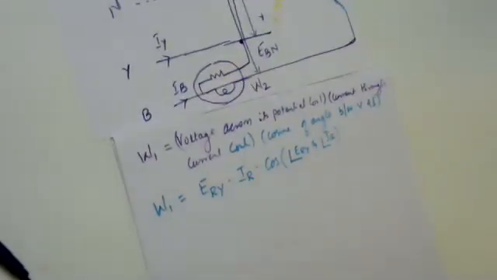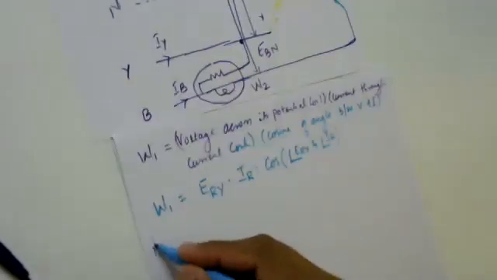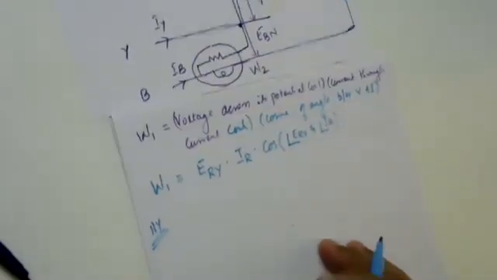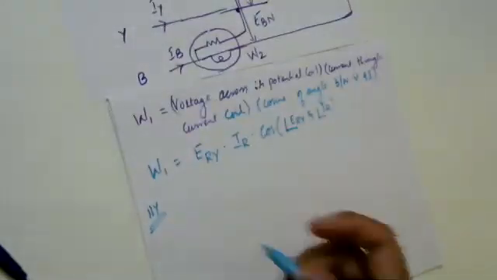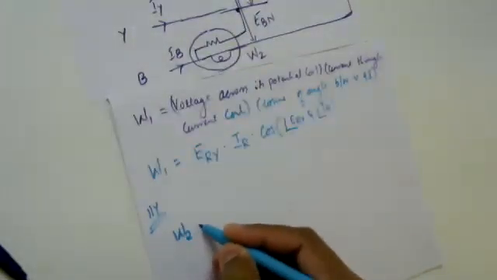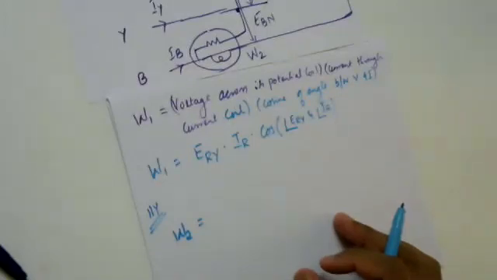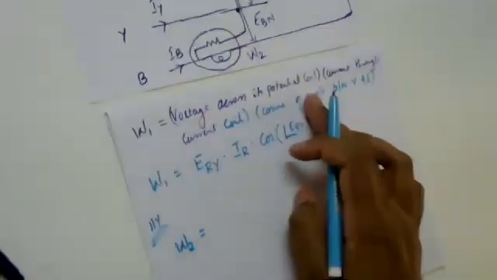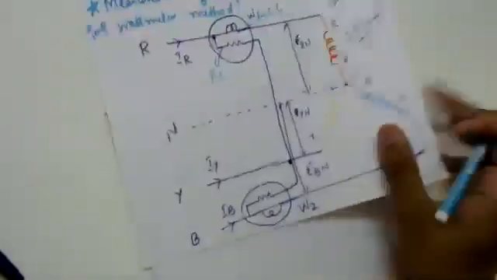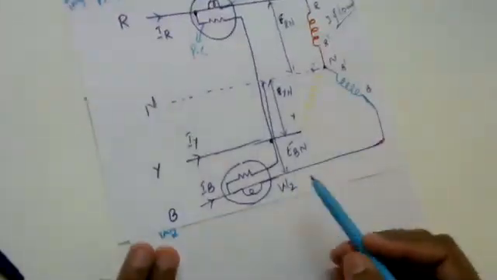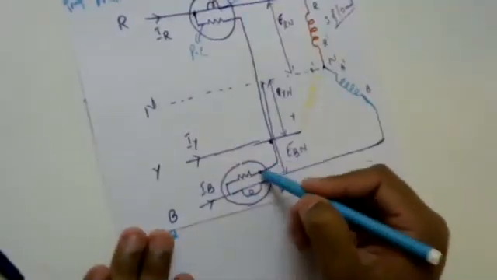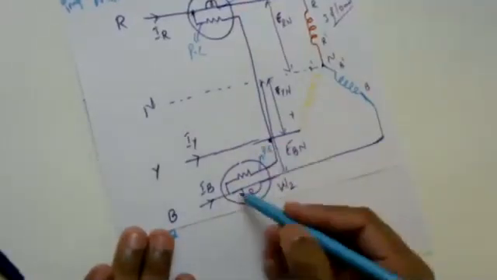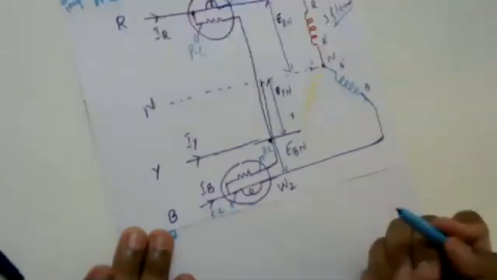Okay. Now what we'll do over here is similarly write the equation for W2. So in case of W2, how can I write this? Once again, it should be the same, right? Voltage across its potential coil. Now you see, with respect to W2, this is the potential coil PC, and this is the current coil CC, right?